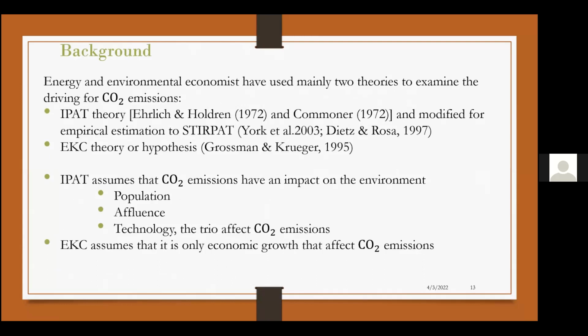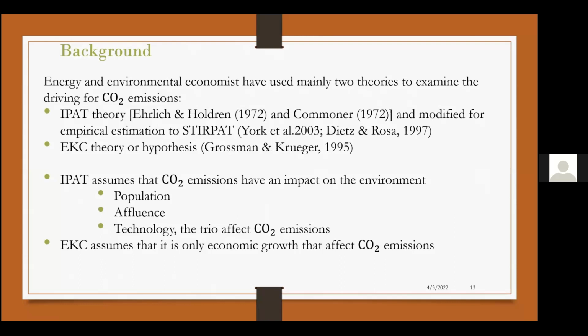In terms of energy and environmental studies, the literature shows that people have used the IPAT theory, which was developed by Ehrlich and Holdren in 1972. This was modified for better econometric estimation under what is called STIRPAT.